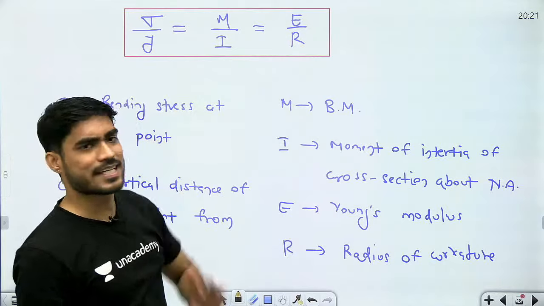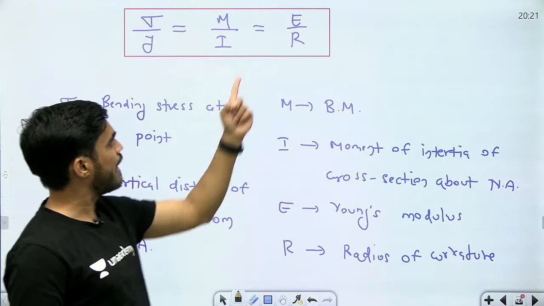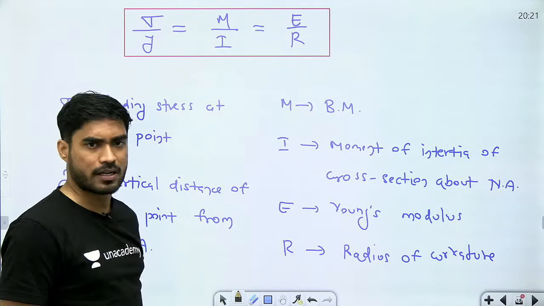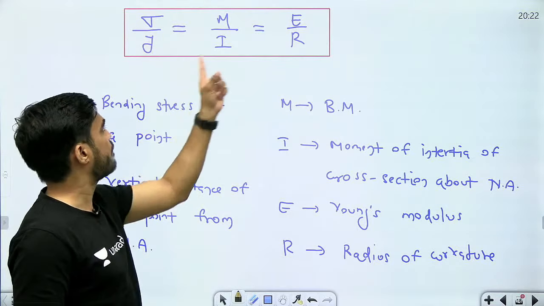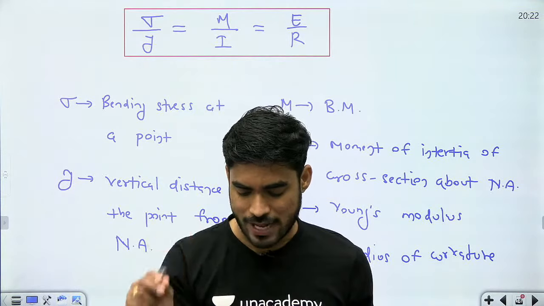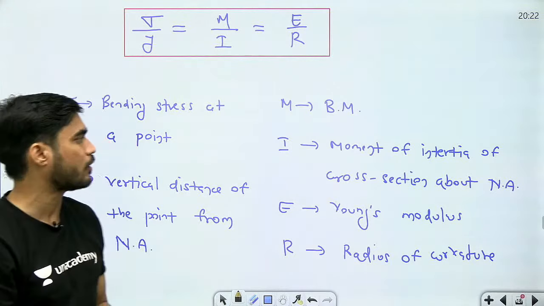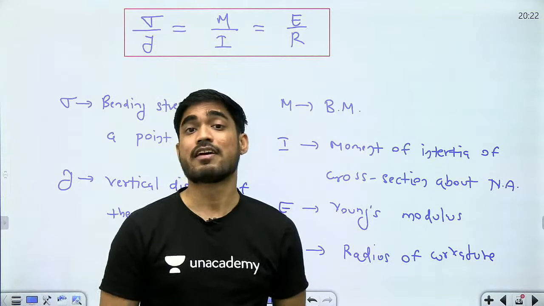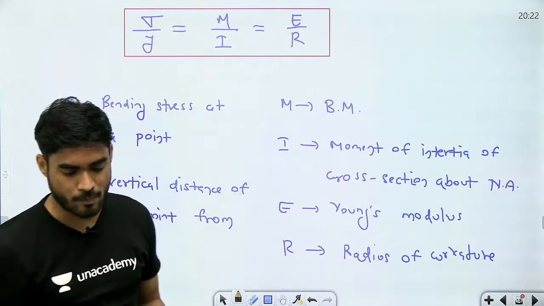So if the radius of curvature is given, then also you can calculate the bending stress using the relation sigma by y equals to E by R. So either M should be known or R should be known. अगर M पता है तो sigma by y equal to M by I, और अगर R पता है तो sigma by y equals to E by R. So in order to calculate bending stress, you need any one of these things. अगर आपको bending stress निकालना है तो इनमें से कोई एक चीज पता होनी चाहिए, या तो bending moment यानी loading condition या फिर radius of curvature. Is this clear? We will see both types of problems. ठीक है, हम दोनों टाइप के प्रॉब्लम सॉल्व करके देखेंगे.